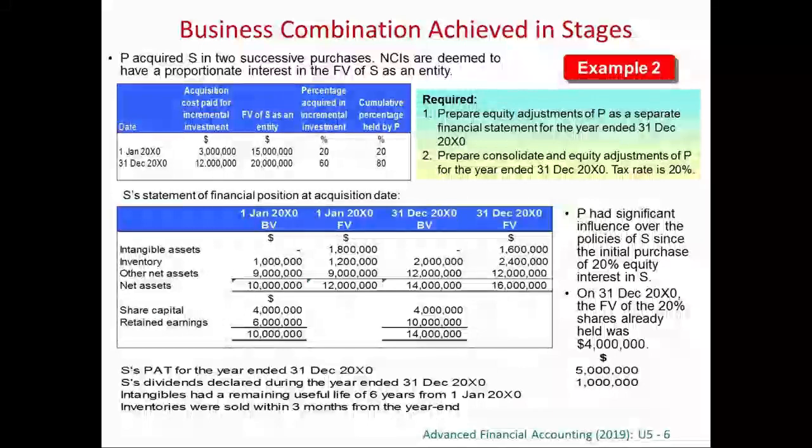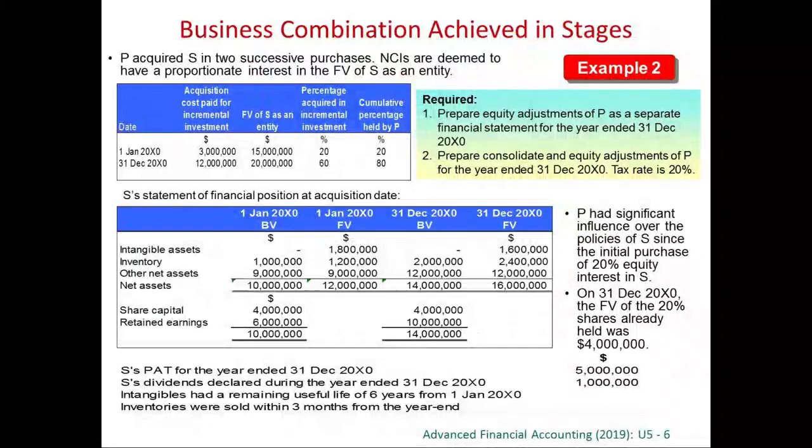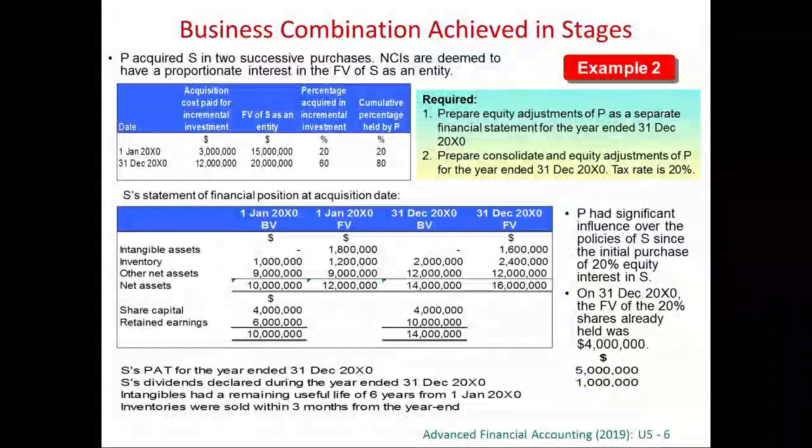Originally, we got 20%. On 1st of January, we have got 20%, significant influence, and therefore, starting from 1st of January, we should use equity method for associate. So throughout the whole year, we should use the equity method.